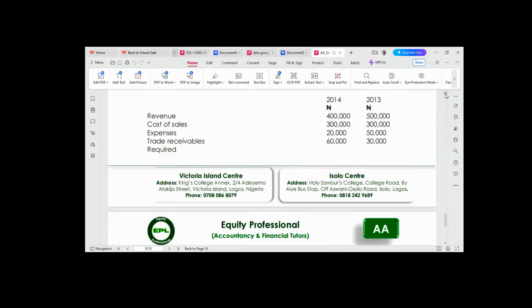So what that means is that you look at the difference between the two. For 2013, you have 200. That's the gross profit, which is revenue minus cost of sales. Then 2014, you have 400 minus 300. That is 100. The difference between 200 and 100 is 100, so we have 100 divided by 200, times 100.